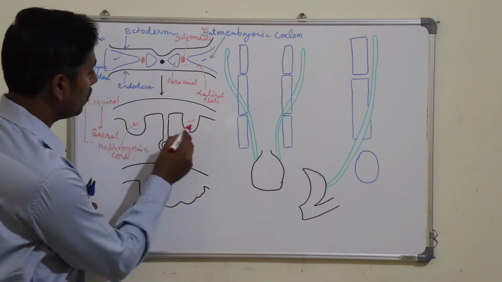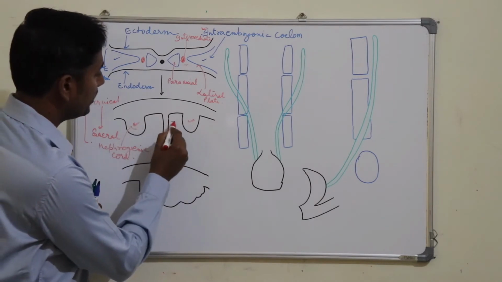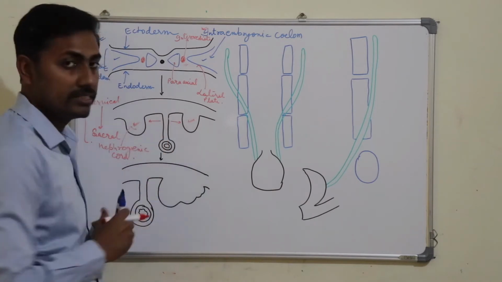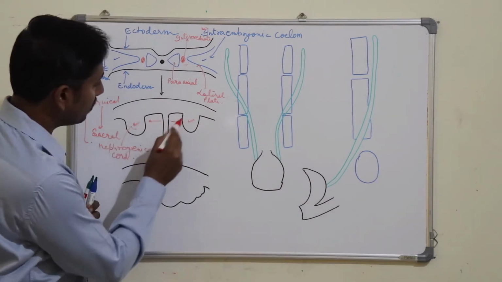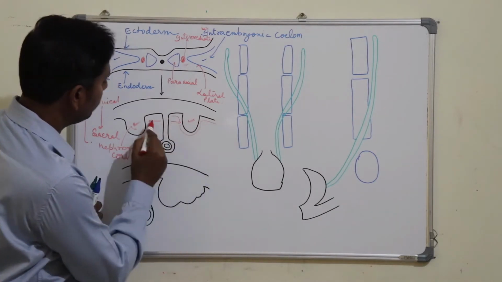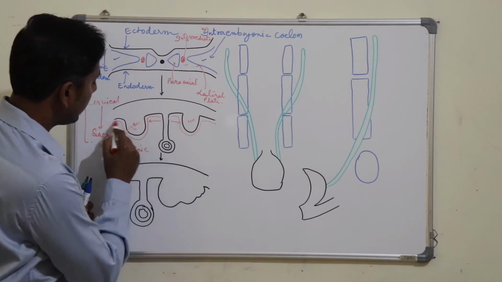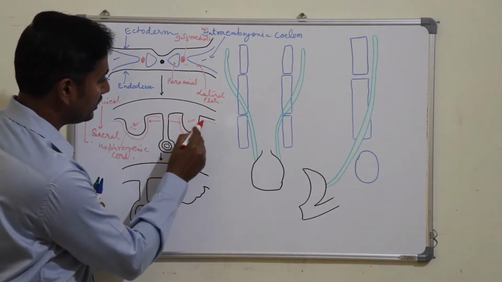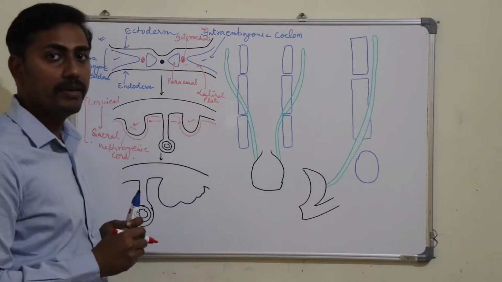This nephrogenic cord is just lateral to the attachment of the mesentery of the developing gut. It is covered by the lining of the peritoneal cavity. This is the peritoneal cavity. This lining epithelium is also known as coelomic epithelium.